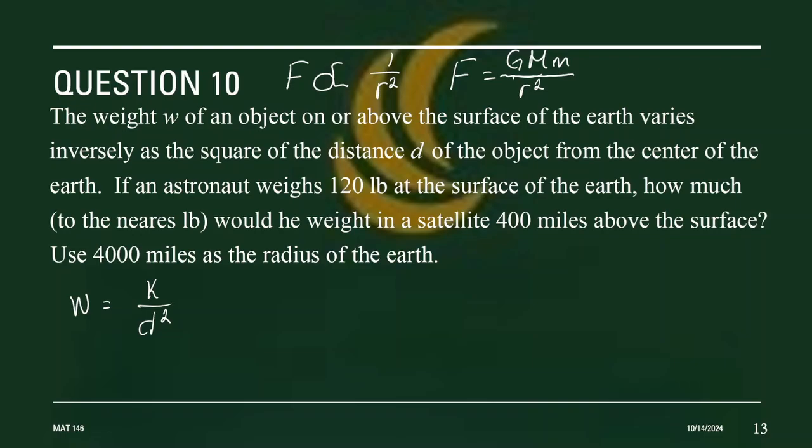This is known as an inverse square law. Force is inversely proportional to the square of distance. It's not the only inverse square law in physics. There's also another very common one: electric force is an inverse square law. That is, what do they use?